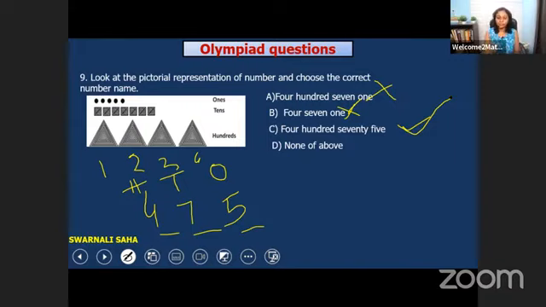In option-based questions, sometimes you can use this type of tricks. Fine. Now let's move on. Let's solve one more question. Question number 10. 475. Very good. Okay, many of you have given the answer. Is answer C the right one? Yes, very good. Answer C, 475.